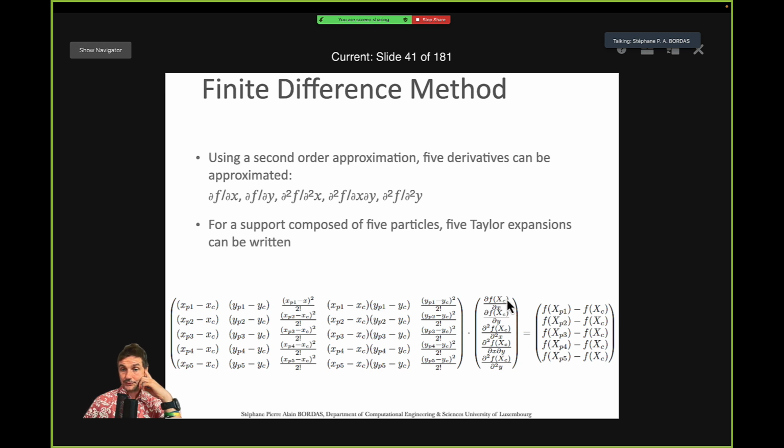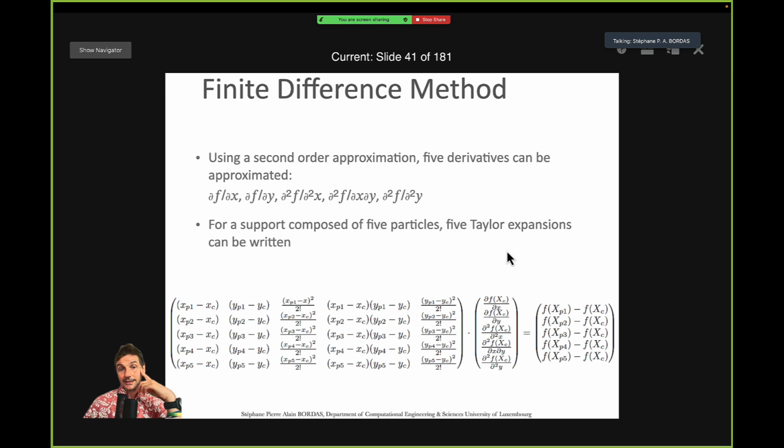Then if you do that, you write this times this, plus that times that, and so on, will be equal to f of xp1 minus f of xc. So for each of the points, p1, p2, p3, p4, p5, you write the Taylor series expansion, which gives you f of xp1 equals f of xc plus the corrections due to the derivatives, and you do likewise for all the other points.